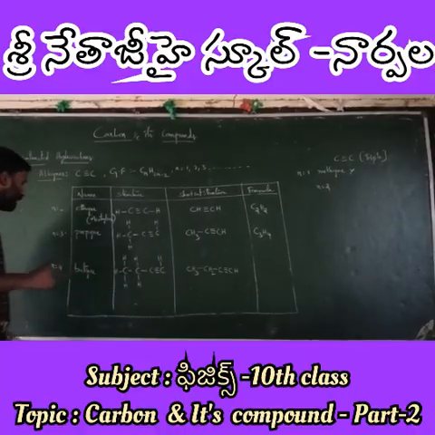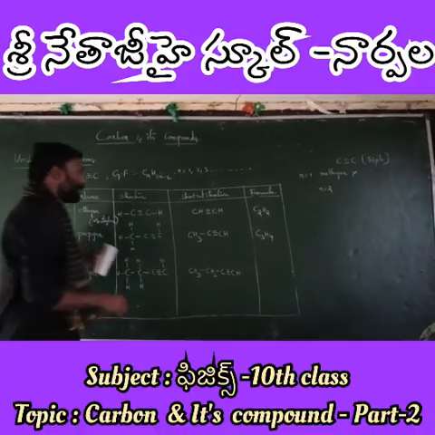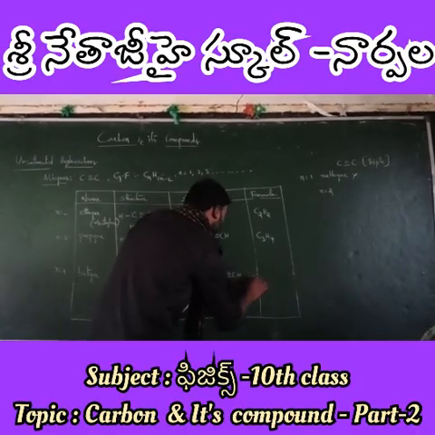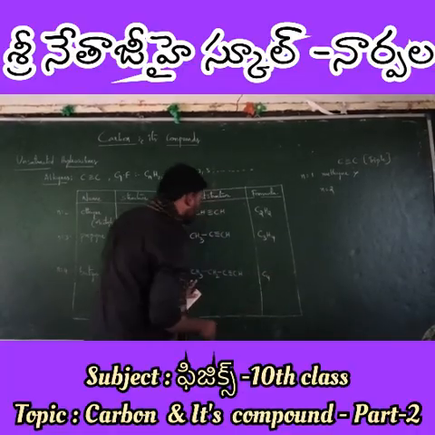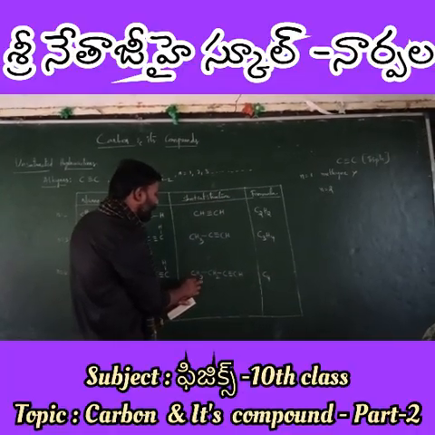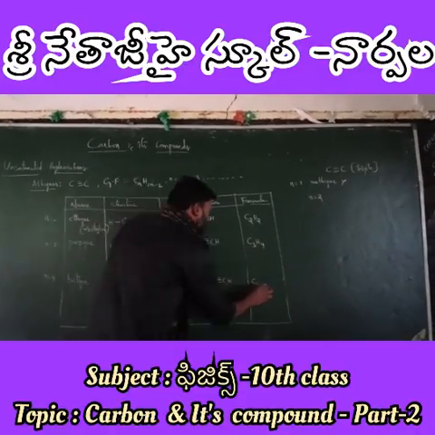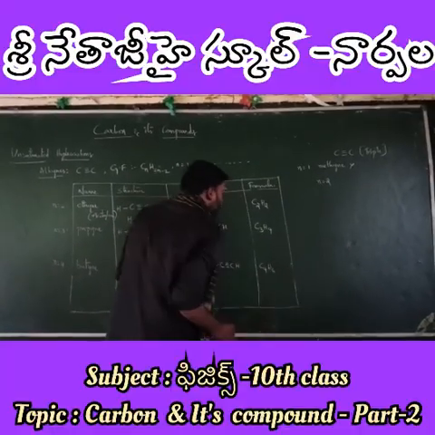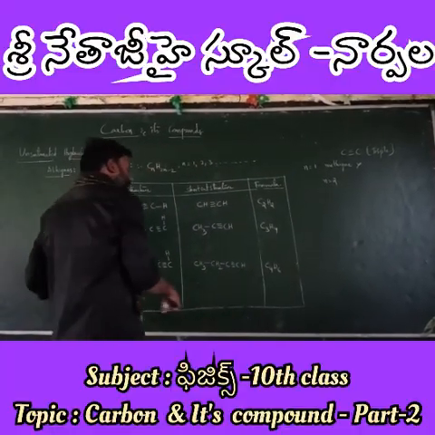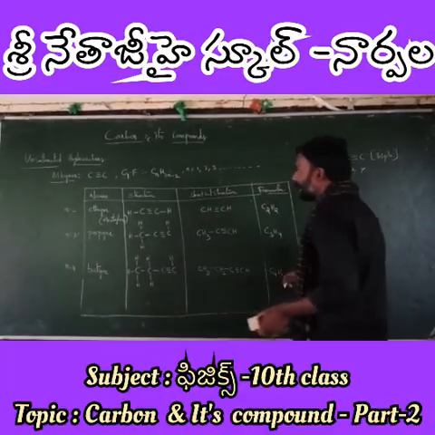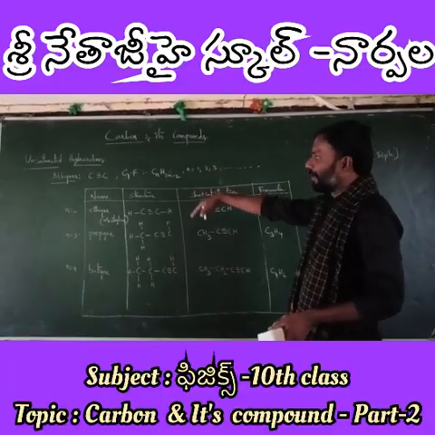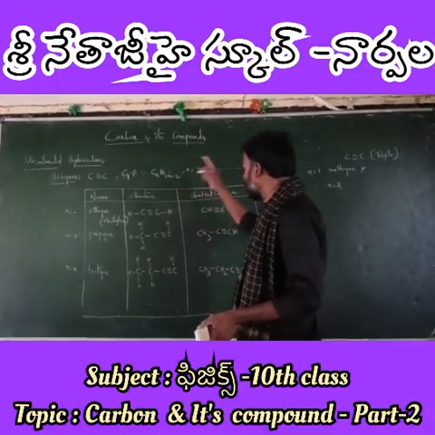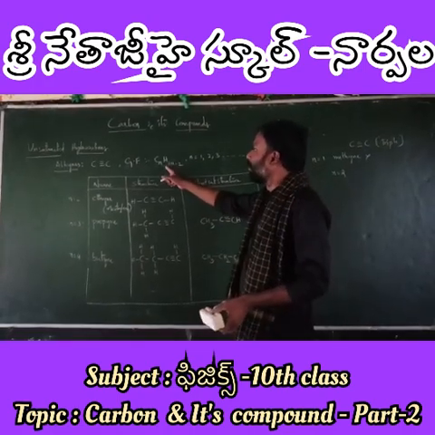So this is the shortcut structure for butyne. The formula: number of carbons are 4, hydrogens 3 plus 2, 5, 5 plus 1, 6. C4H6 is the formula.